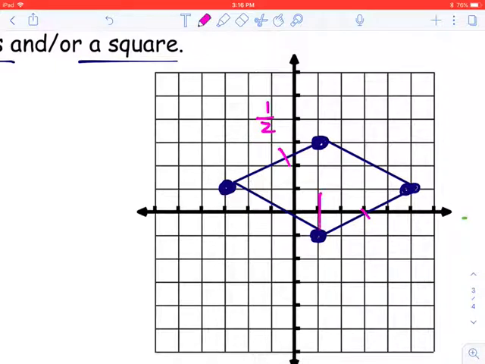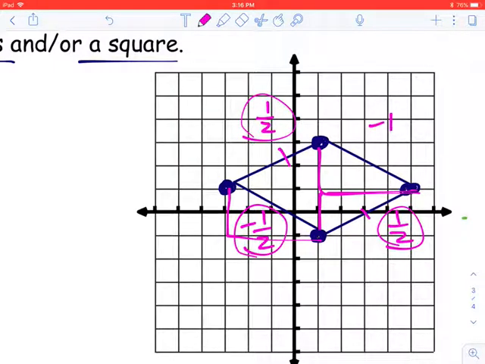And then same thing here, up 1/2. So those are the same slope. And then looking at these two, I've got down 2/4, which is -1/2, down 2/2, which is -1/2 as well. So it is a parallelogram, but if you look, these are not perpendicular, so it is not a rectangle.